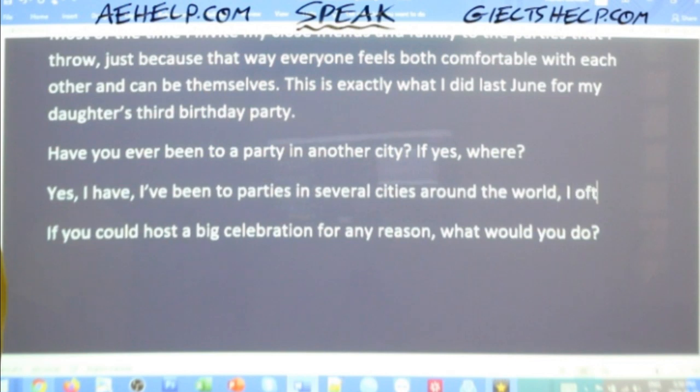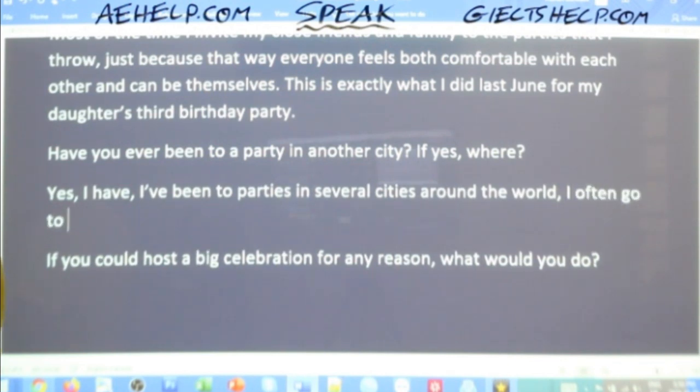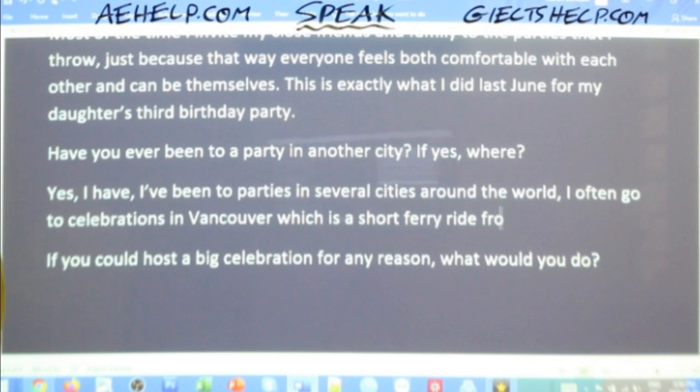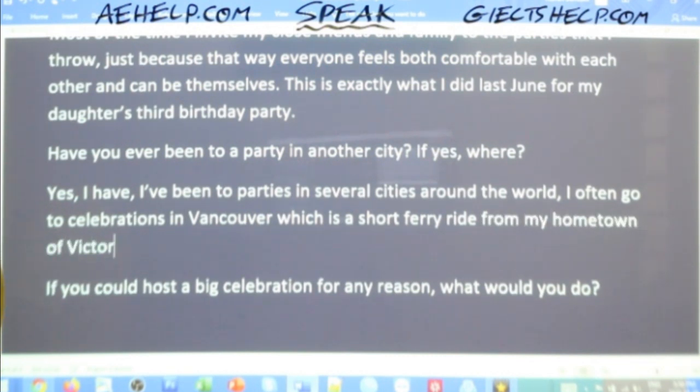I often go to celebrations in Vancouver, which is a short ferry ride from my hometown of Victoria.